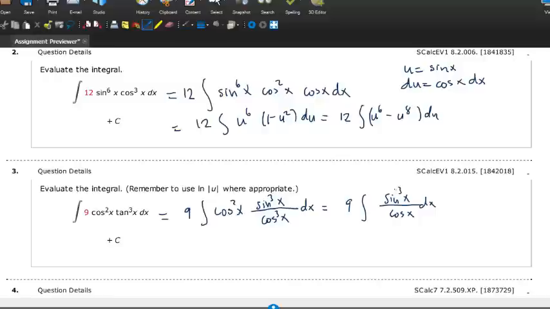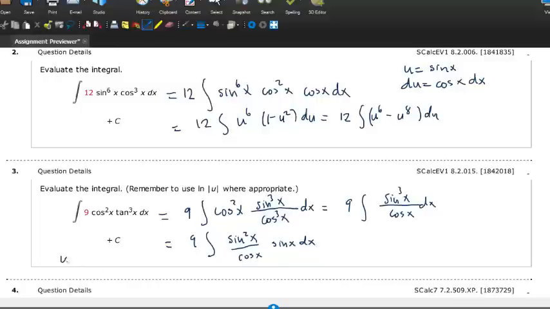Alright, again, as you see here, I have an odd power of sine. I will separate one of the powers, and I'll try to do u substitution. So let me first write what we get out of this. When I do the separation, this integral is equal to 9 times integral of sine square x divided by cosine x times sine x dx. So which u substitution should I do here?